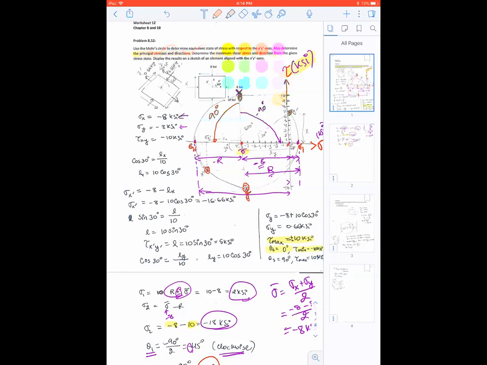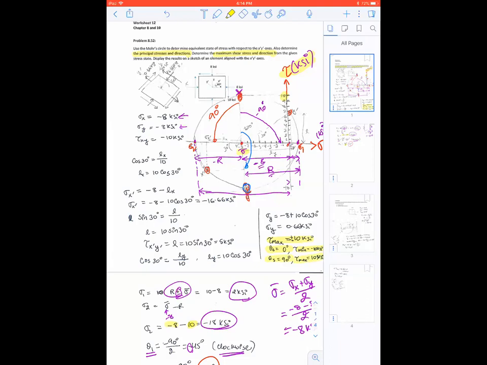And for the positive maximum shear stress, which you're going to see on the Y face, you're going 180 degrees. So if you go 180 degrees, that's twice the angle. So the actual angle is 90 degrees, 180 divided by 2. So that will be for the positive shear stress.